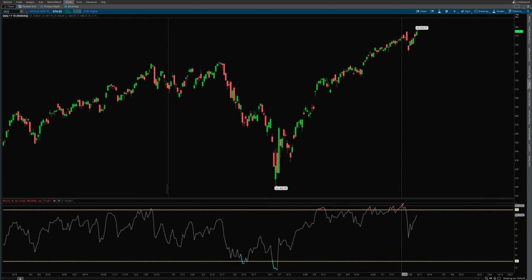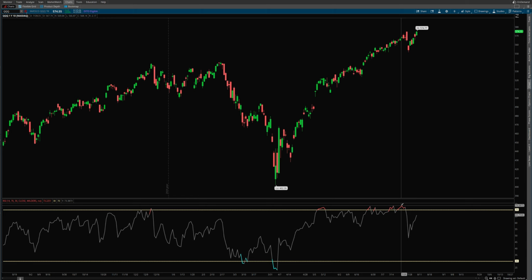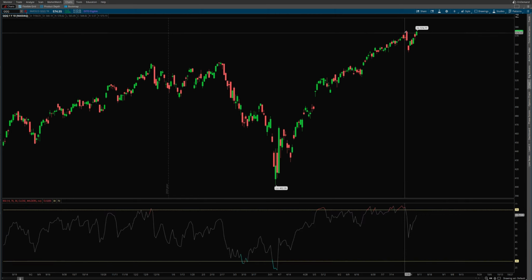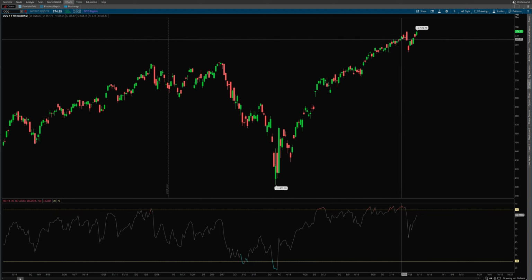And in the long run, you're not going to see an overbought momentum strength for a super long time, because eventually it will lose steam. It can't maintain that. But often you will see what we have seen this last week or so, where we've been overbought for weeks and weeks.